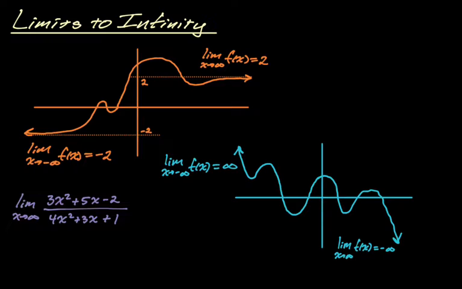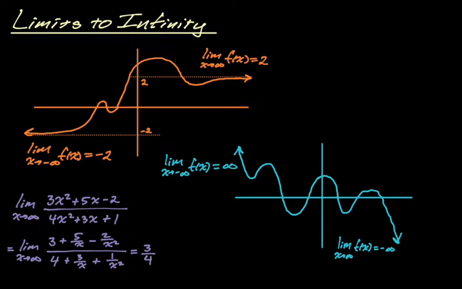So I'm dividing everything I see by x squared. That's going to give me the limit as x approaches infinity of 3 plus 5 over x minus 2 over x squared, all over 4 plus 3 over x plus 1 over x squared. Now, if x goes to infinity, everything except the 3 and the 4 just goes to 0, so we are left with 3/4. That is a technique you will find yourself using a lot.